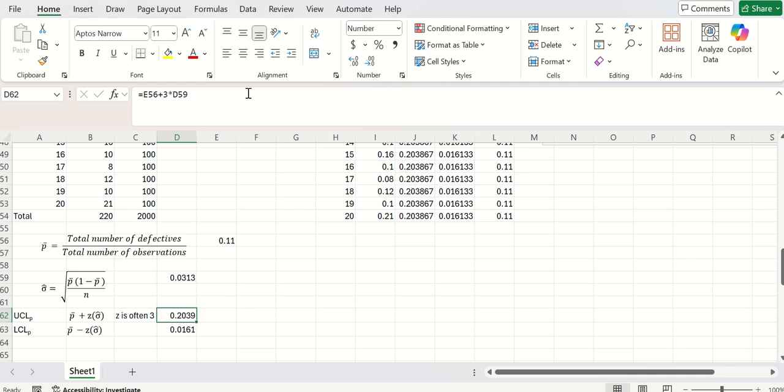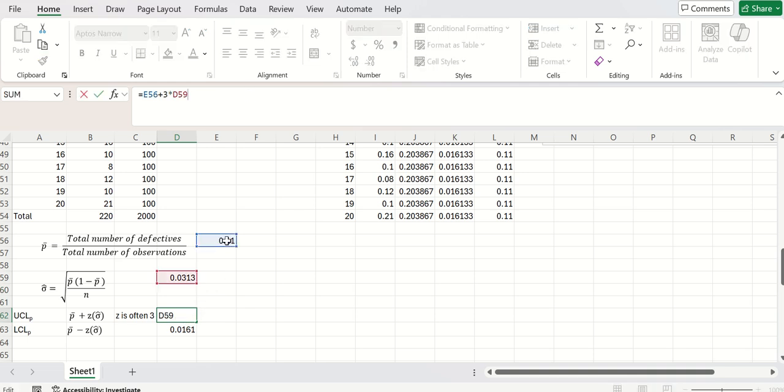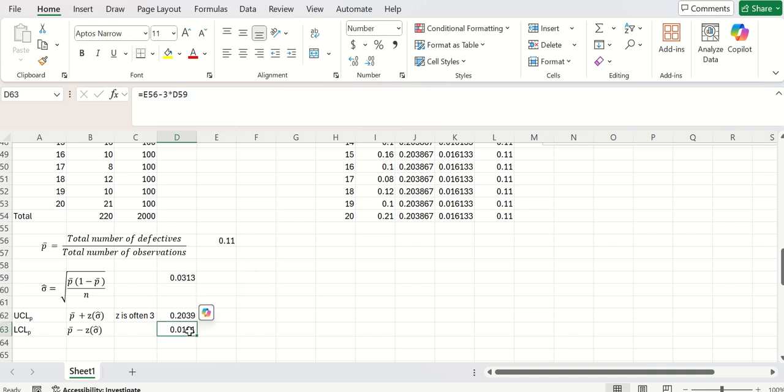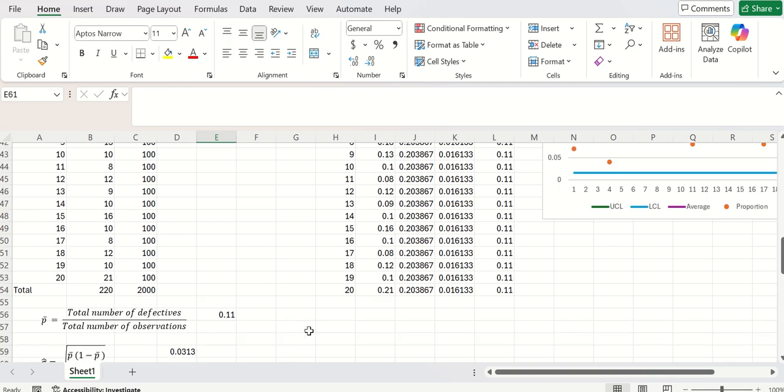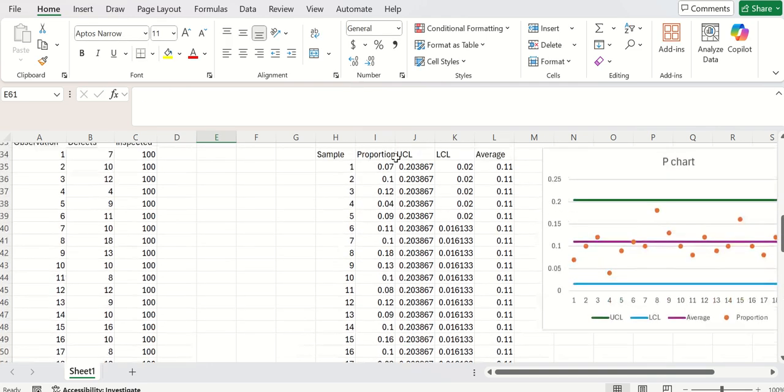So what we have is take our proportion, add 3 times our estimated error that comes from the standard deviation. Going to go again for the lower control limit. You can see again, it is the proportion minus 3 times the standard error that comes out of it. We move these values over once again. I showed you where we got the proportions.